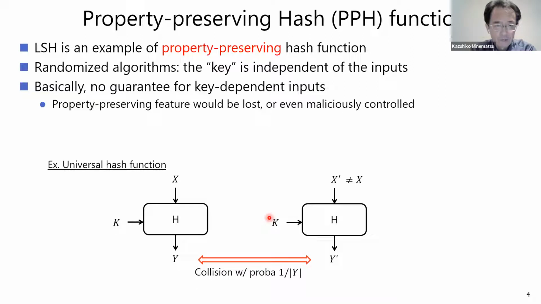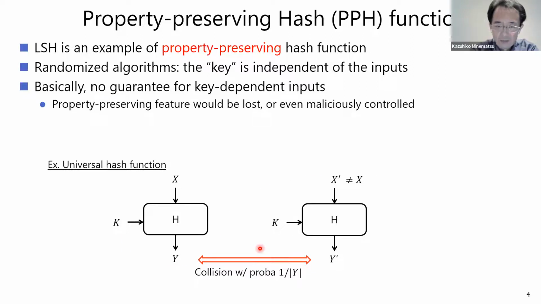For example, for a universal hash function, it is known that if the keys are sampled independently and uniformly, and there are two different inputs, the corresponding outputs will collide with a small probability.